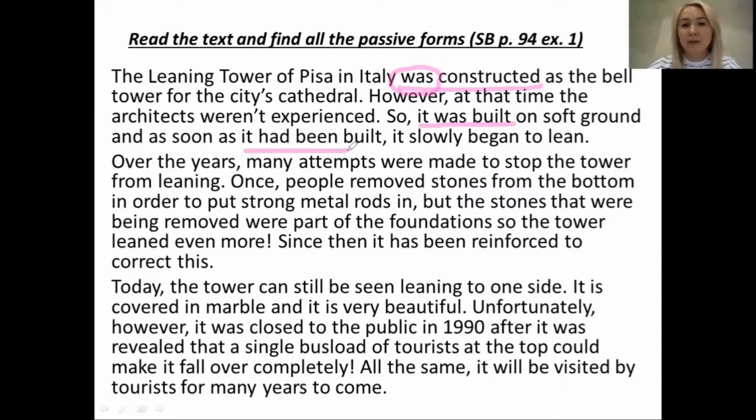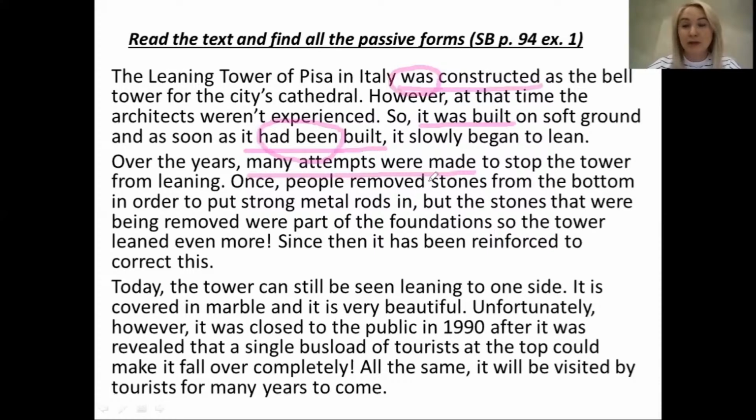Then "had been built". Again, look at the form of the verb to be. It is past perfect passive. Then "many attempts were made".